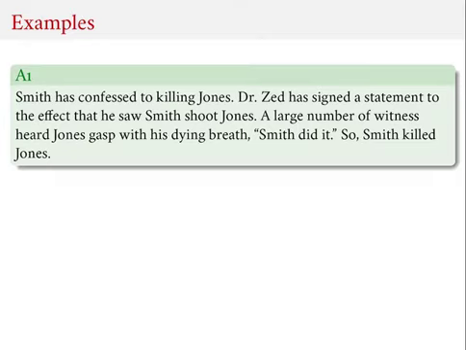Furthermore, Dr. Zed has signed a statement to the effect that he saw Smith shoot Jones. Furthermore, a large number of witnesses heard Jones gasp with his dying breath, "Smith did it." So as a juror, you take all this evidence as the premises in your reasoning, and you conclude that Smith, in fact, did kill Jones.